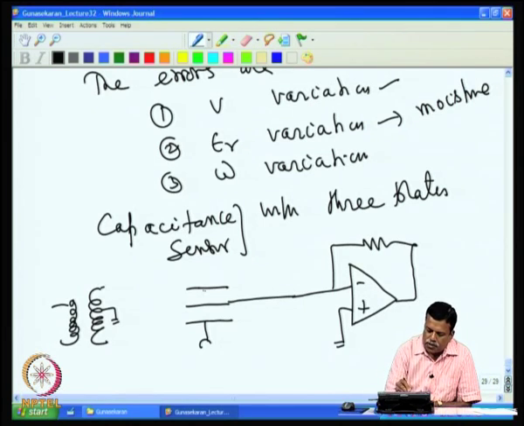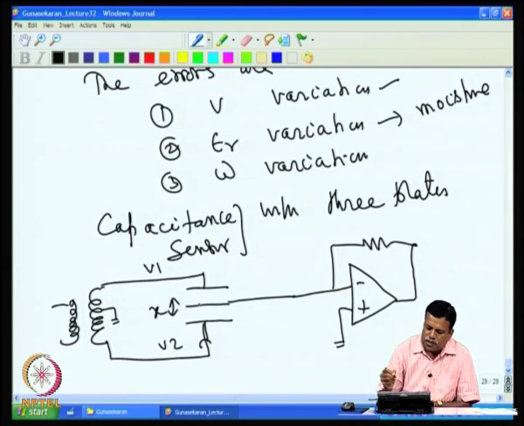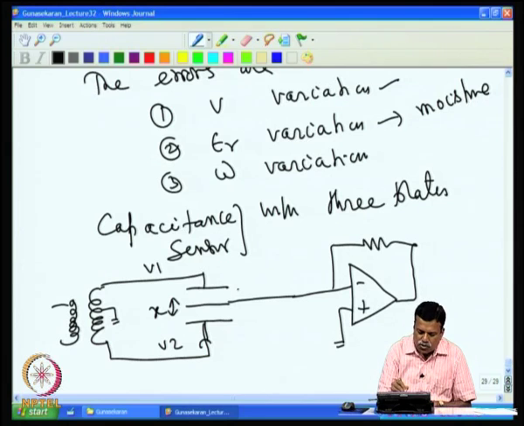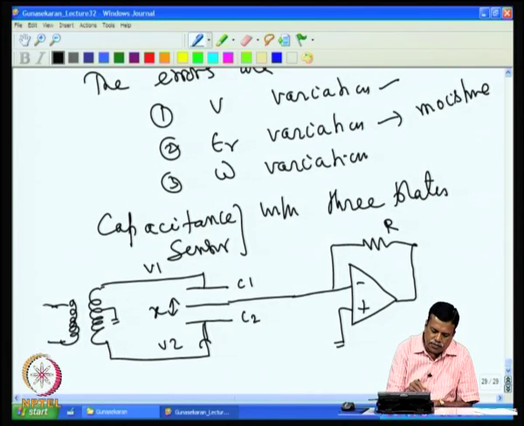So, we will get equal voltages here and opposite voltage there: V1 here, V2 here. The displacement x moves the center plate back and forth. Between these two plates we have capacitance C1, between these two we have capacitance C2, and we have the resistance R.